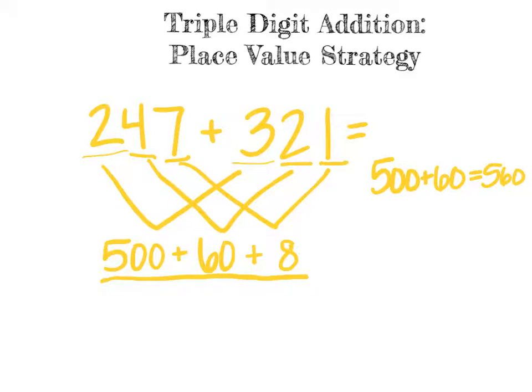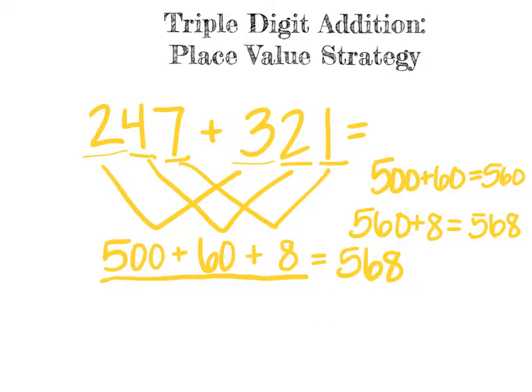And then I need to add the 8, so I would take 560 plus 8. That would give me 568, okay? Or you could just add them together if you can do that instead of breaking them apart. So I would do 500 plus 60 plus 8, and I would still get 568, okay?